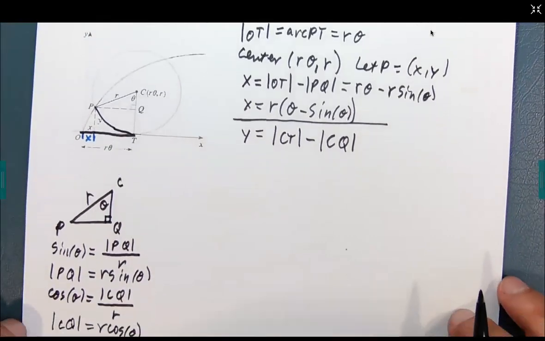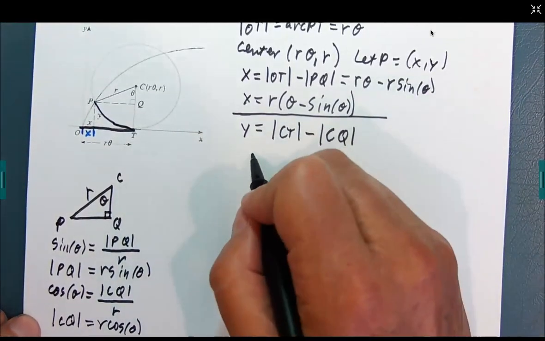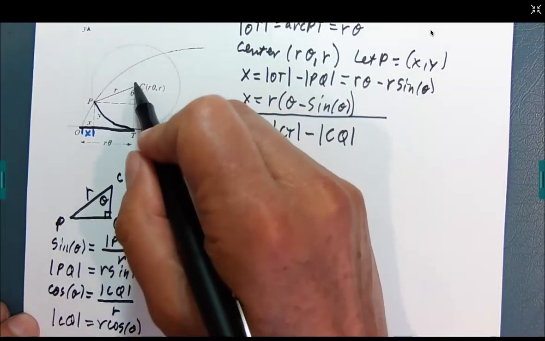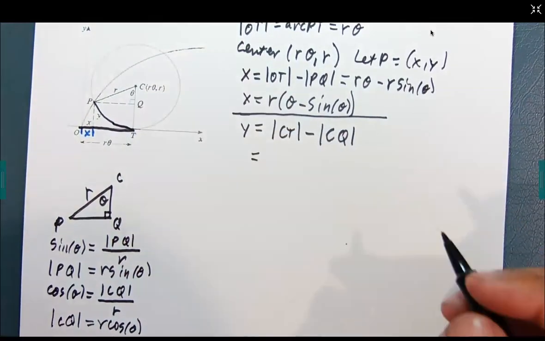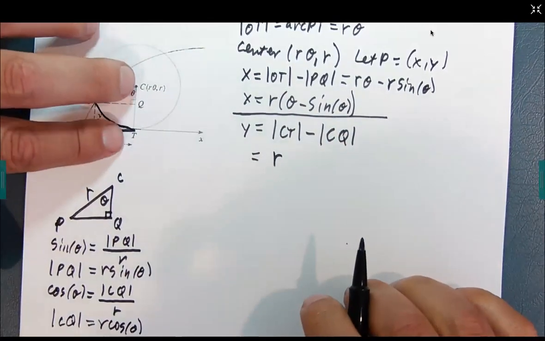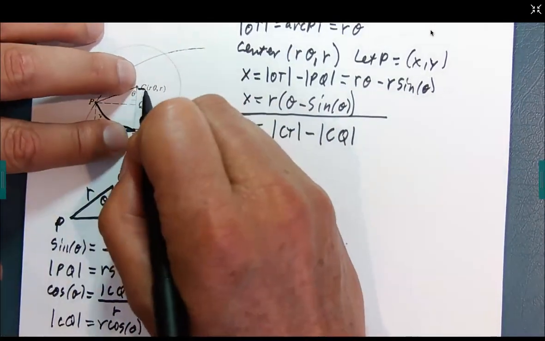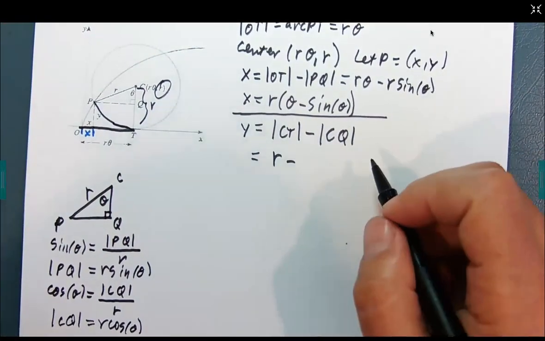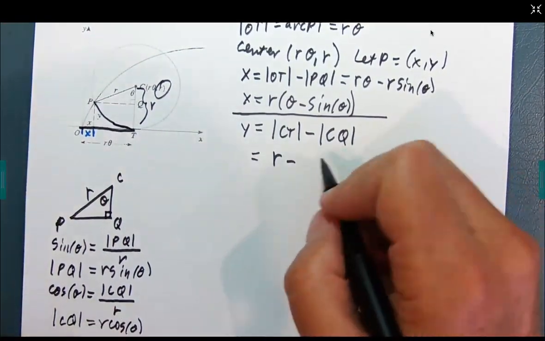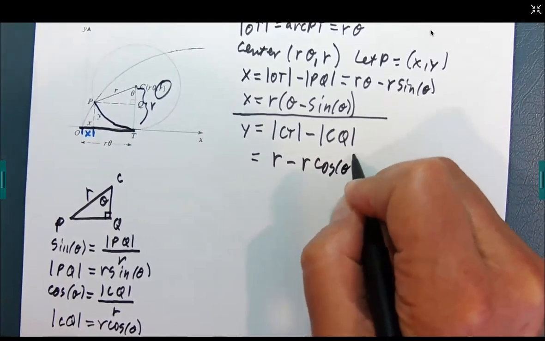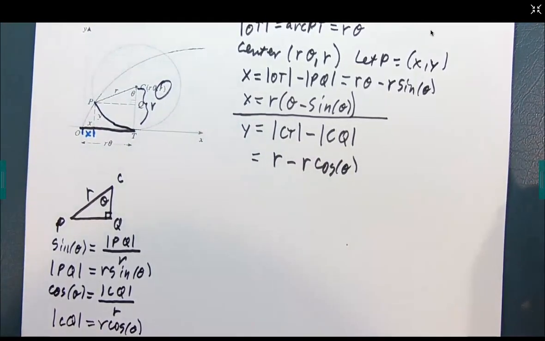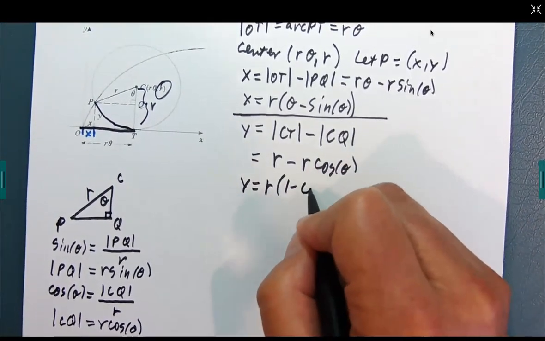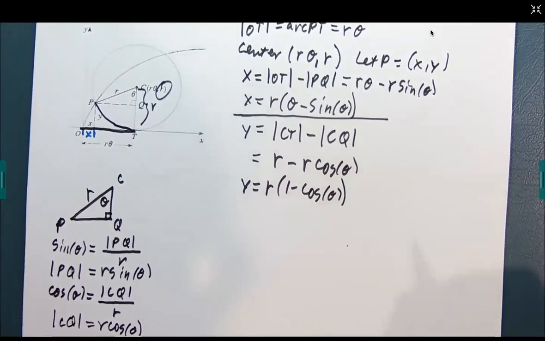So CT is the R, right? That whole thing right there, all of this is R. R minus CQ, which we have down here, our cosine theta. So we have that y is R times 1 minus cosine theta.